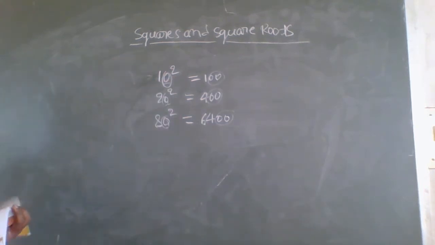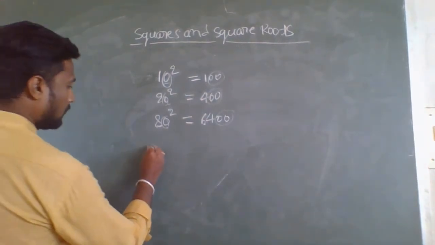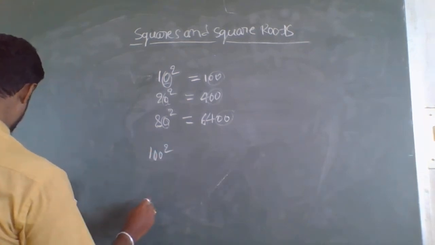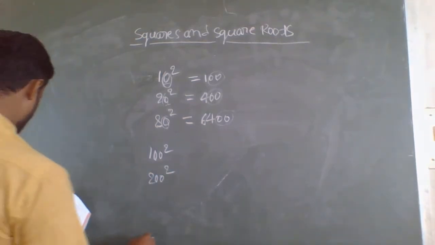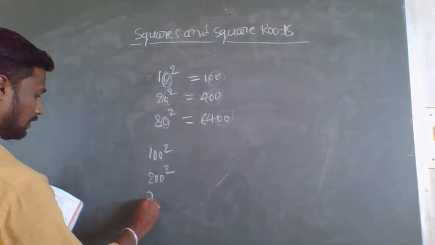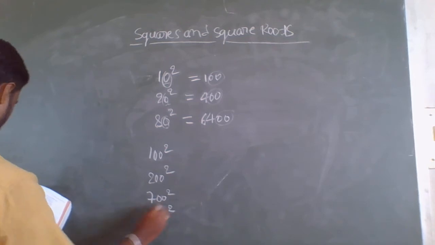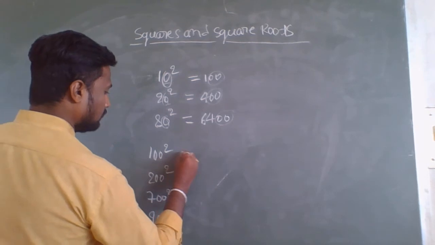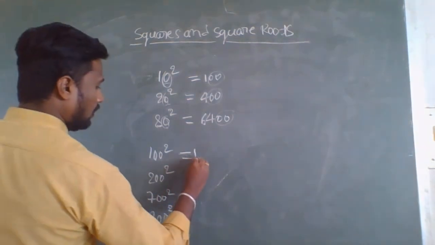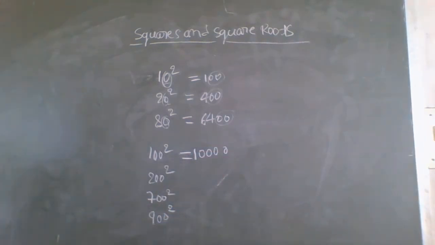Like this only, below that they have given numbers with two zeros. Here 100 square, 200 square, 700 square, 900 square. So here 100 square means what we will get? 1, and here they have got 2 zeros, so it will be 4 zeros, means 10,000.